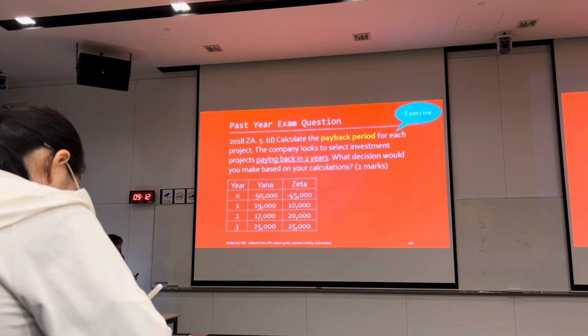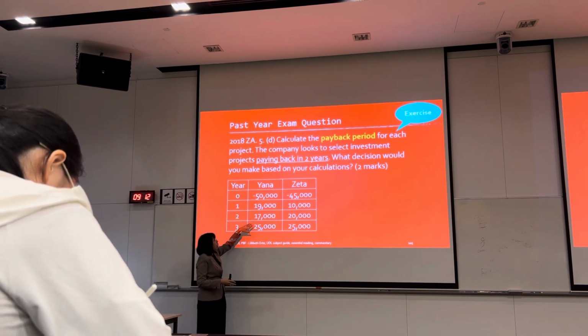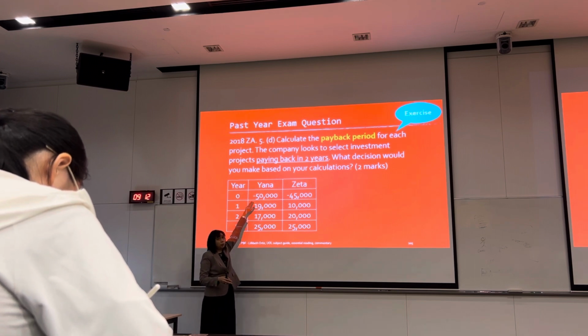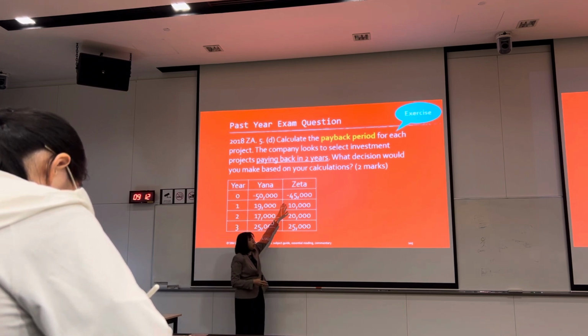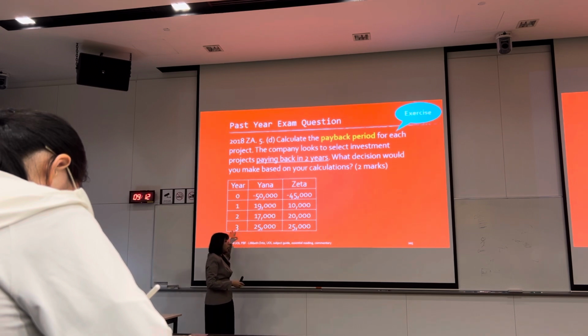So you just basically add up all these cash flows as you go along. At which point can you reach 50,000, or at which point can you reach 45,000, right? In which year do you get paid back, right?